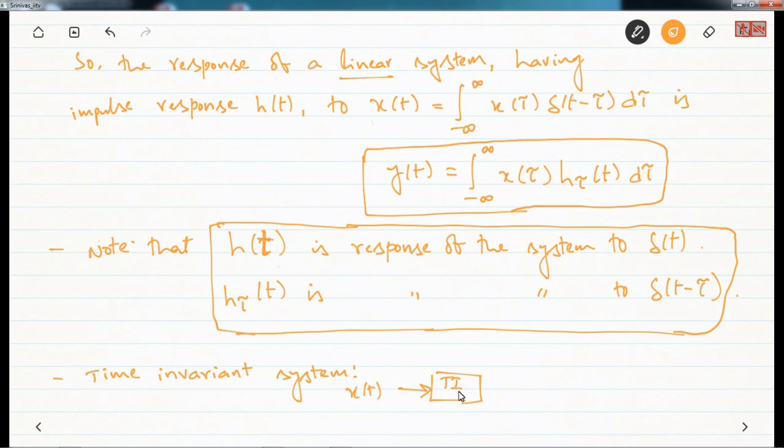So in a time invariant system, if I give x of t, I'll get y of t. Then if the input is shifted by t naught units, I will get a corresponding output shifted by t naught units of time. That's it.